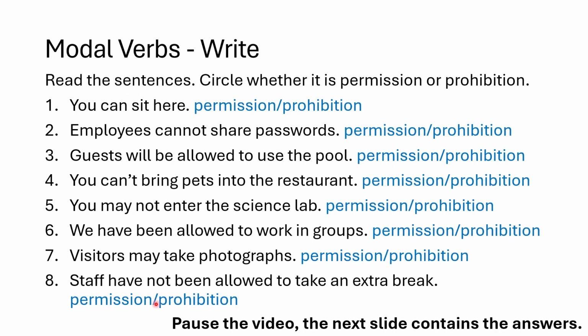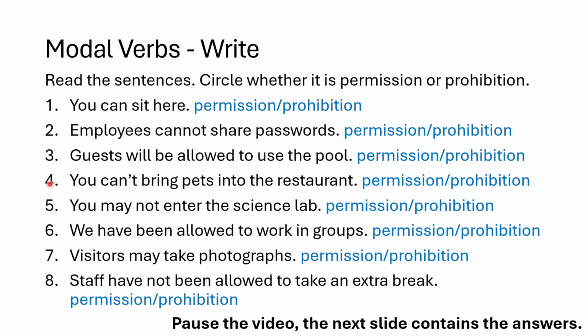Read the sentences. Circle whether it is permission or prohibition. 1. You can sit here. 2. Employees cannot share passwords. 3. Guests will be allowed to use the pool. 4.